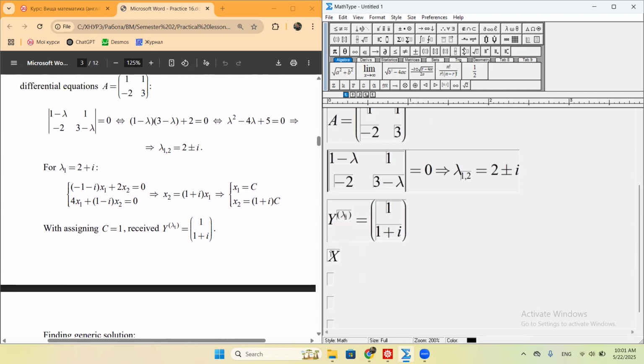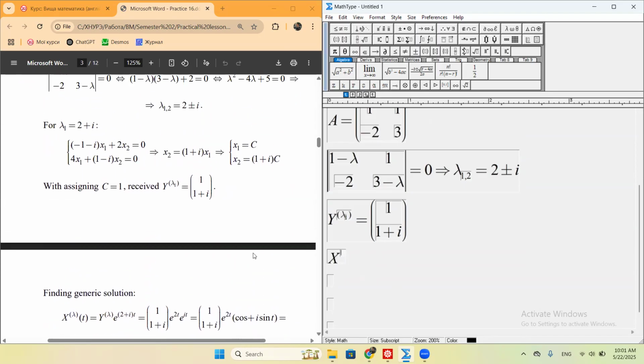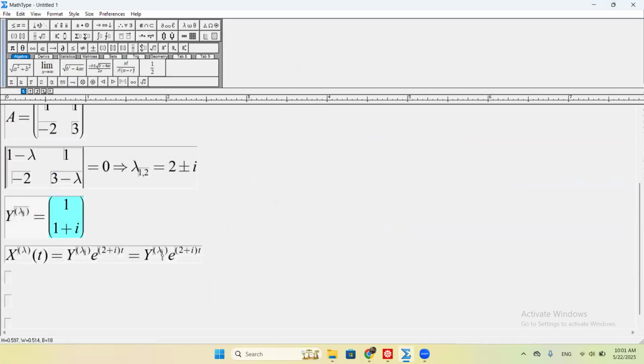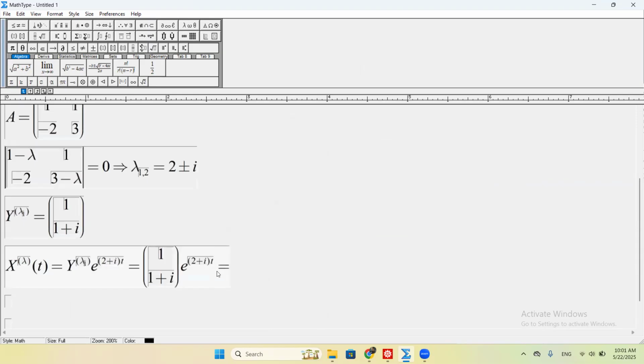So X lambda of t will be the following. This vector multiplied by e to the power of (2 plus i)t. Now we will do some calculations and expand everything.